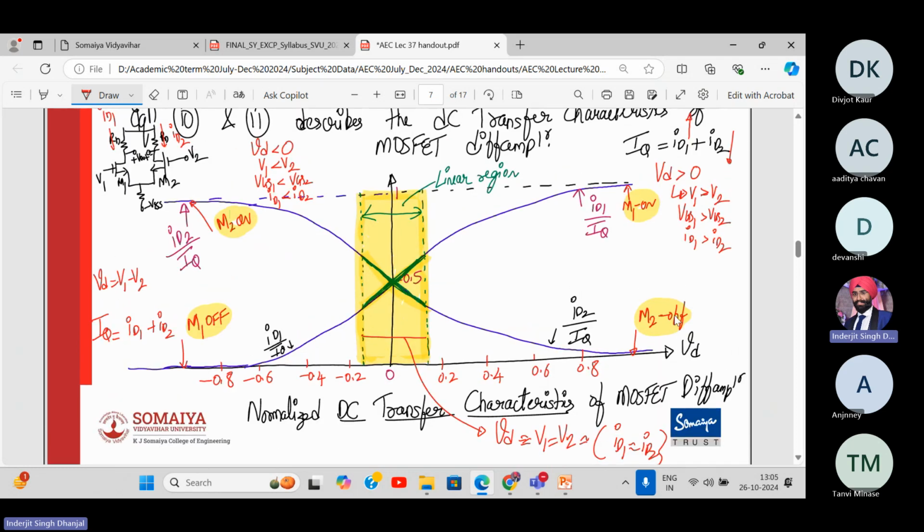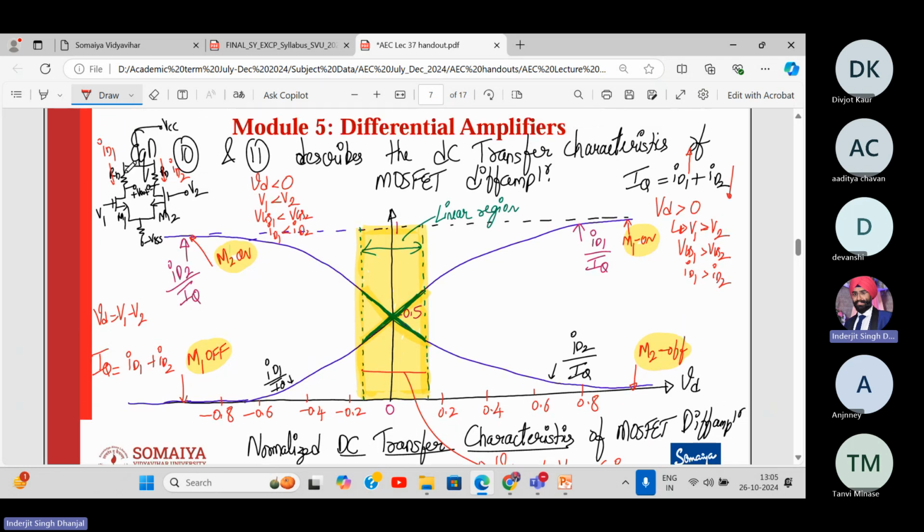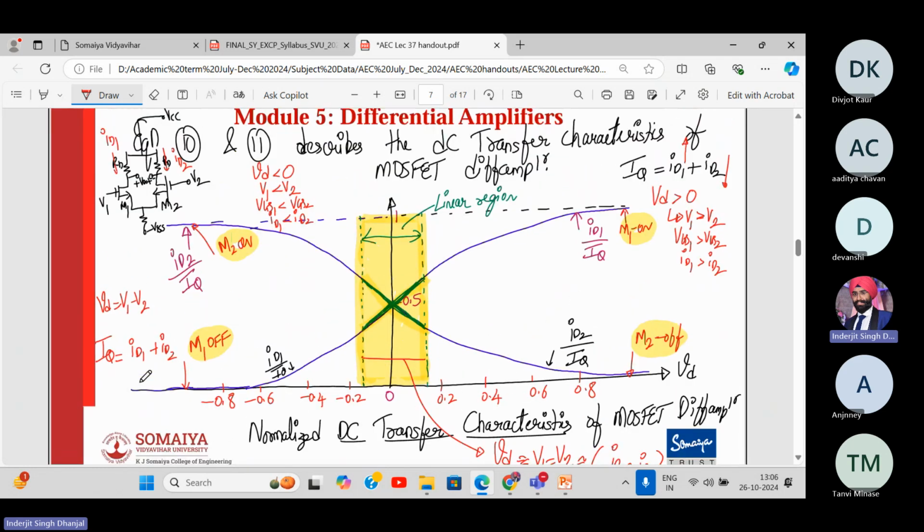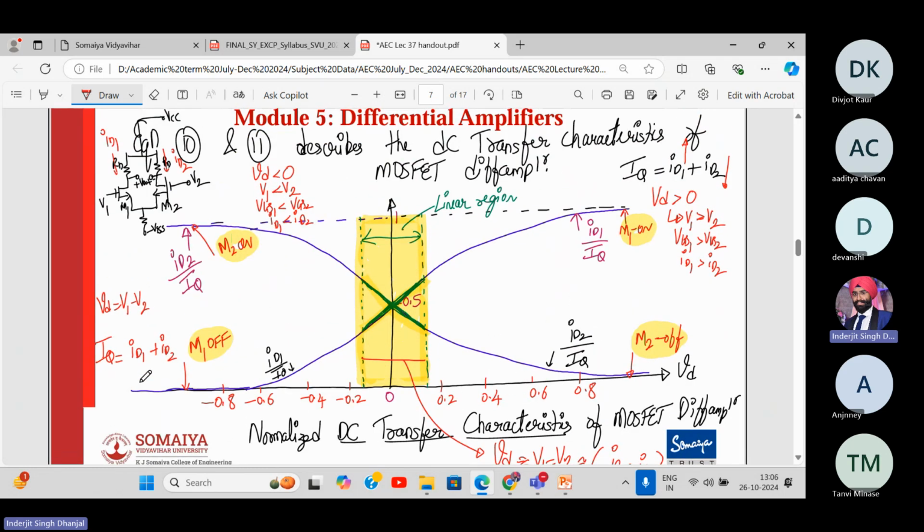So whenever the differential amplifier works in the linear region, both the transistors are on, and ID1 is almost equal to ID2, which is equal to IQ. All right. Understood this? Students. So this is the working of the differential amplifier from the transfer characteristics.